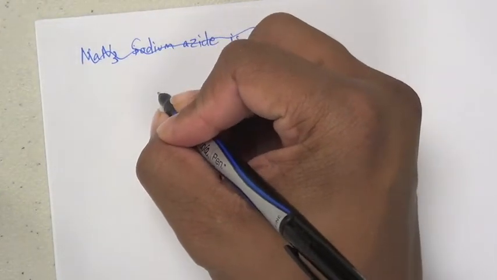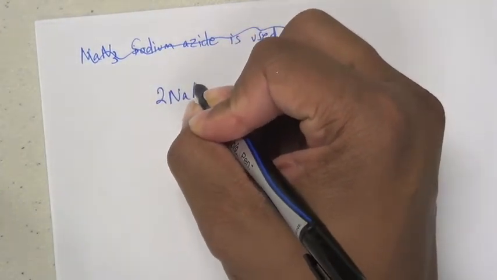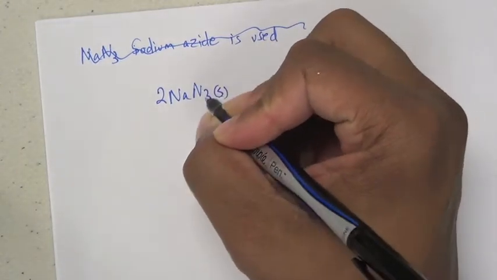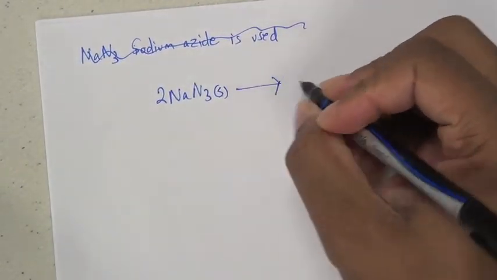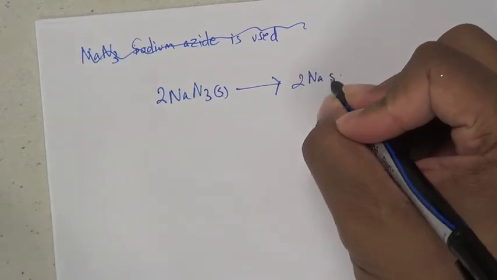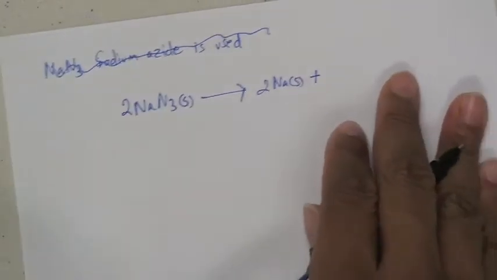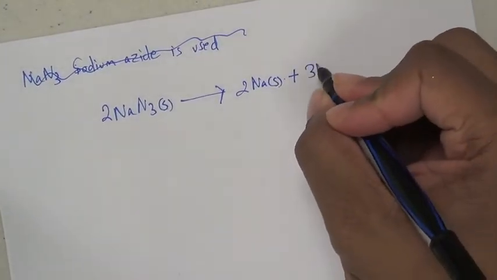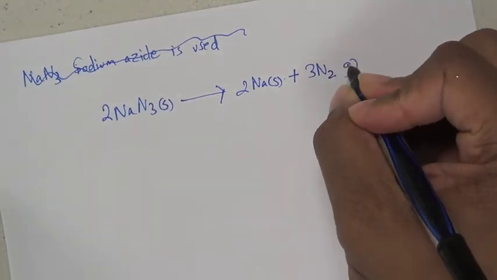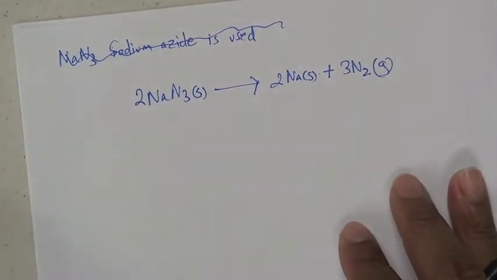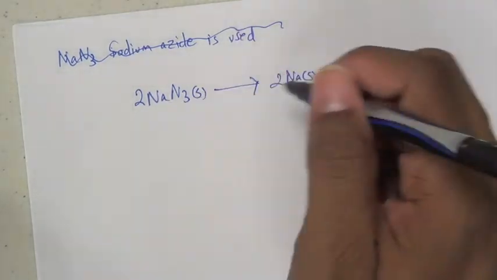This is, let's say, 2NaN3 solid, that's sodium azide, yields 2Na solid plus 3N2 gas. That's our molecular formula for the decomposition of sodium azide.